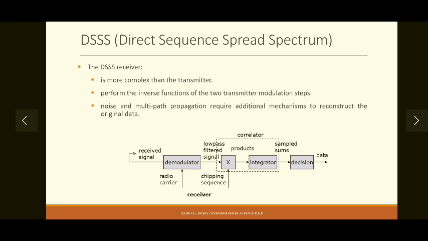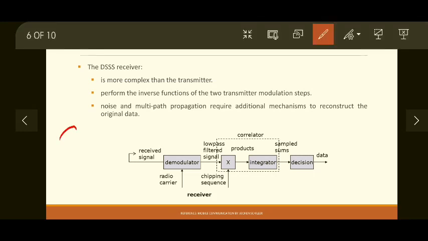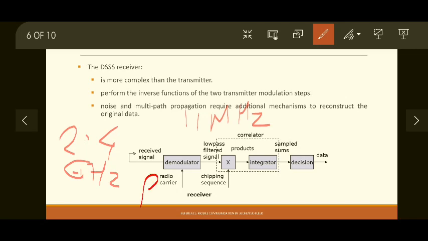That means, let's say we have received this 2.4 gigahertz signal which was transmitted. So 2.4 gigahertz is received by the receiver. Now we have to bring down this 2.4 gigahertz to 11 megahertz. For achieving that, we are using a demodulator which has another input as a radio carrier, the same carrier that was used at the transmitter level, having the same frequency Fc.